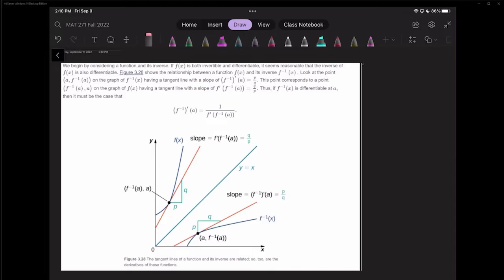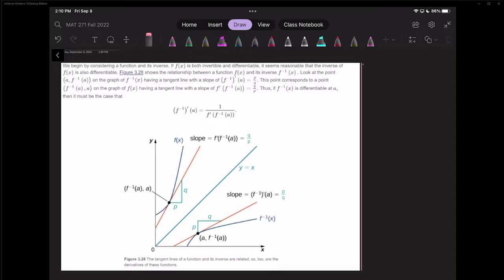So we have a figure below here that shows the relationship between a function f of x and its inverse f inverse of x. Remember that a function and its inverse are symmetric to one another with respect to the line y equals x. That's why we have the line y equals x here.